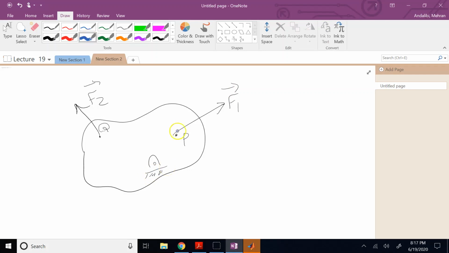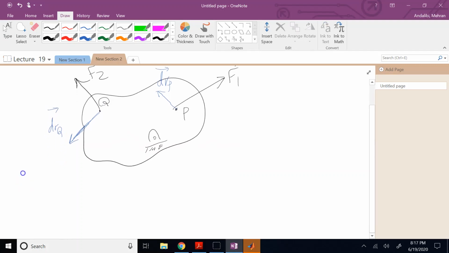Clearly we know that this point has a different displacement in a very small time compared to this point. Different directions, different magnitudes.